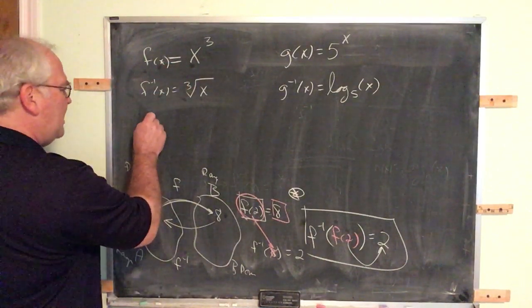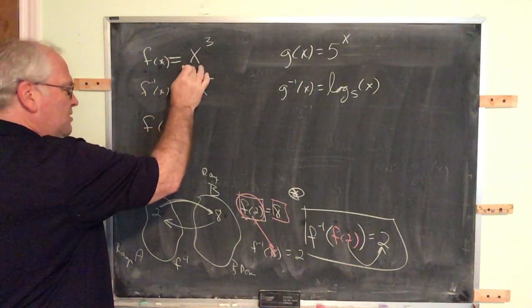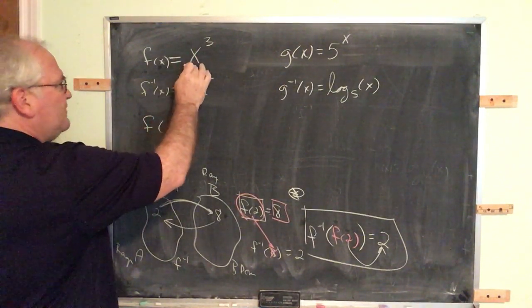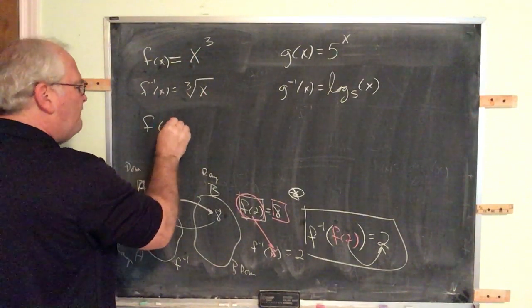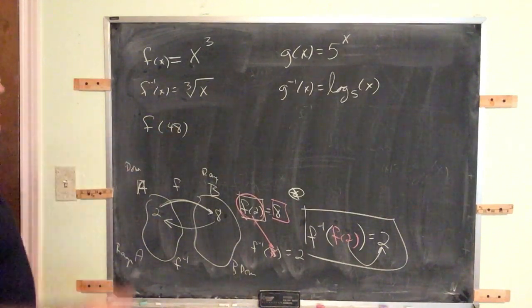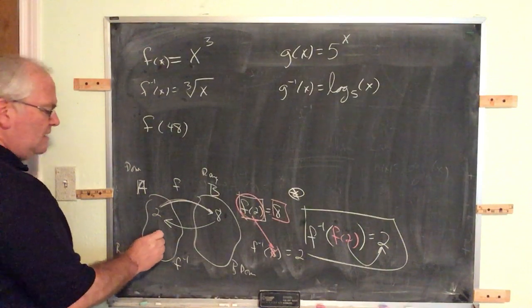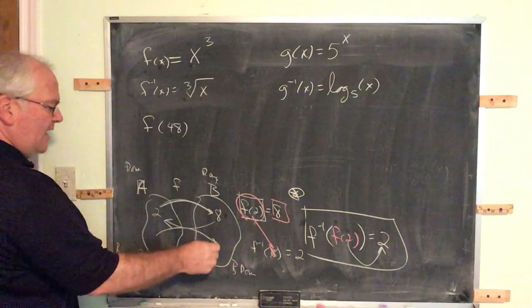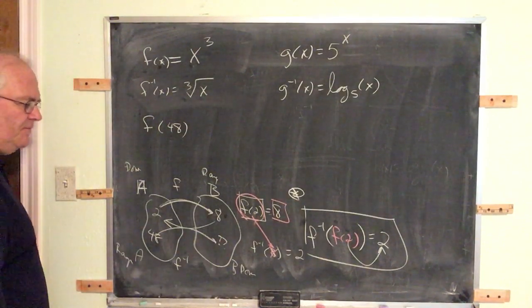If x is 2, it's not very hard to compute 2 to the third. If x is 5, it's not very hard. But even if x is more challenging to compute, 48, now if I had a calculator I could compute it, but the point is this, whatever that number works out to be, you start with 48, map it over to here. F of 48 is some number, we don't know what it is.